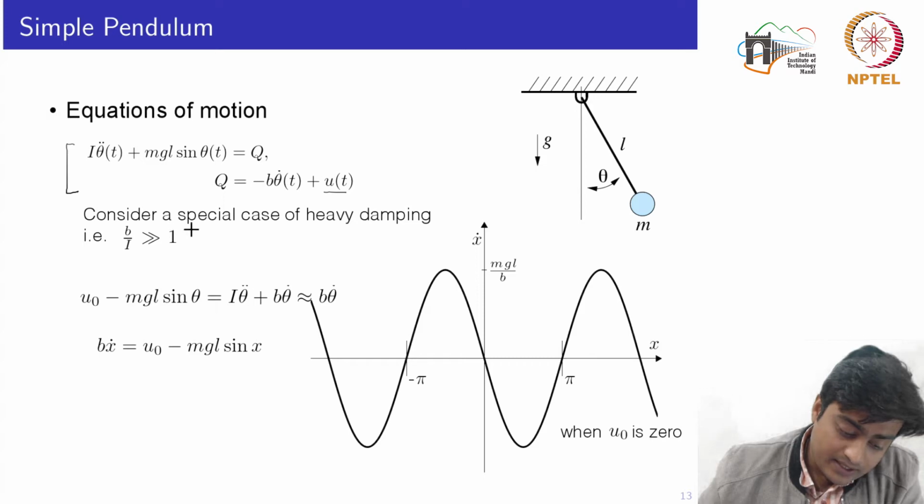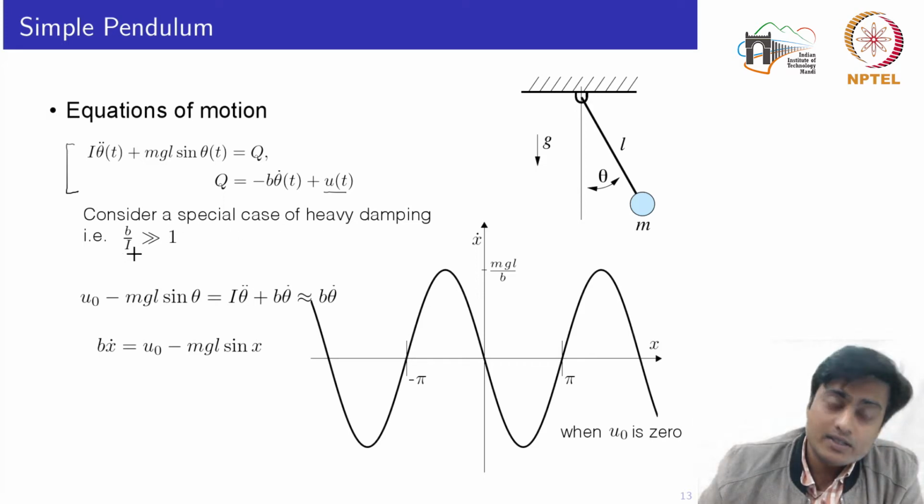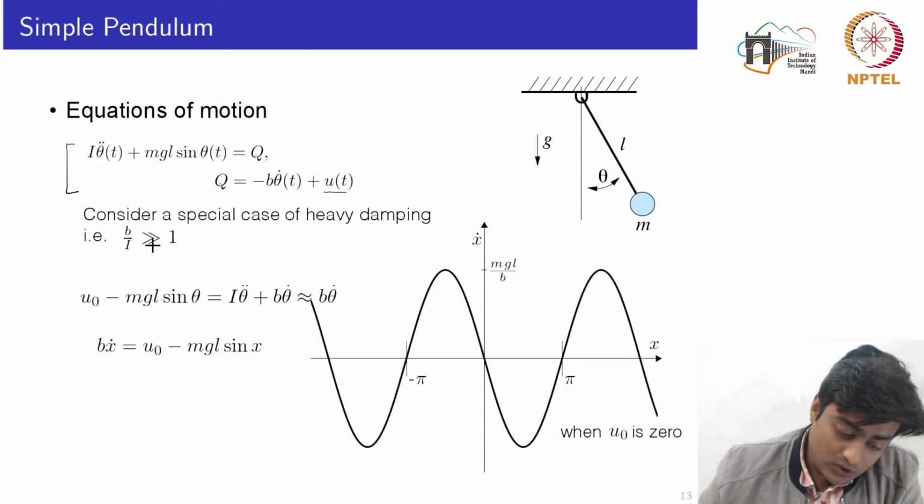Okay. Now if we consider a special case of heavy damping, that is B by I is very much greater than 1, then this relationship can be simplified to this equation.